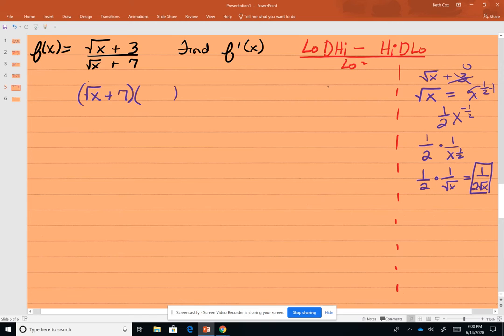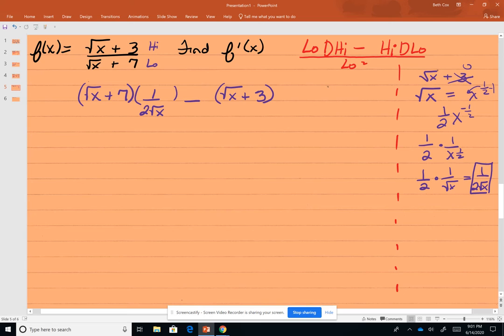So this is the low, this is the denominator, and this is the high. So the low times the derivative of the high would be what I have here, and then this would be 1 over 2 square root of x, minus the high times the derivative of the low.